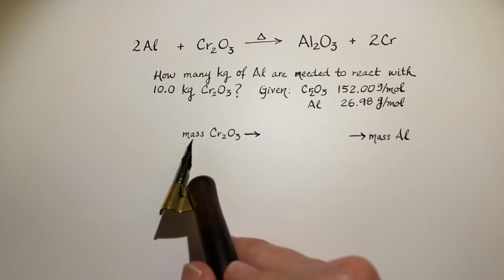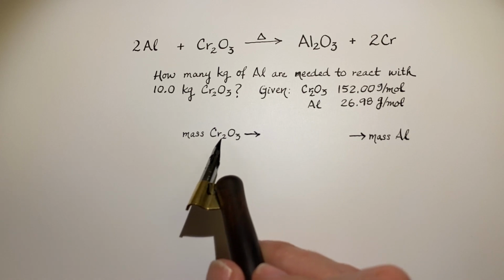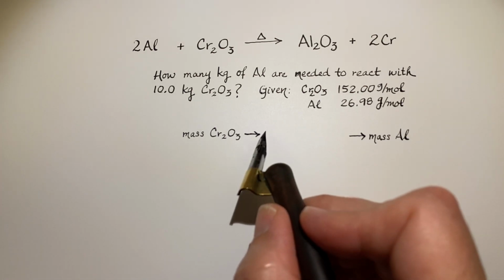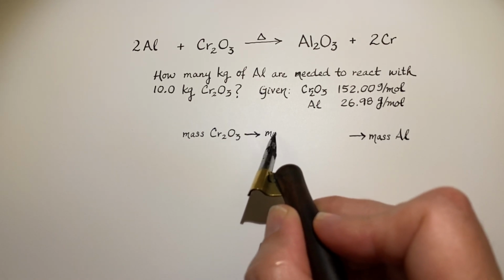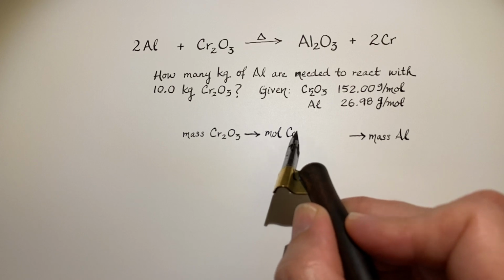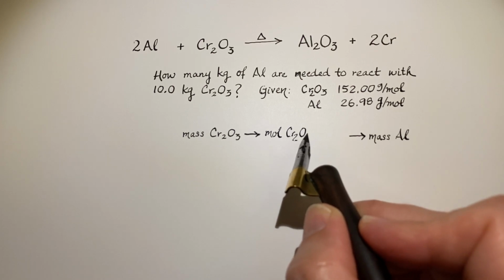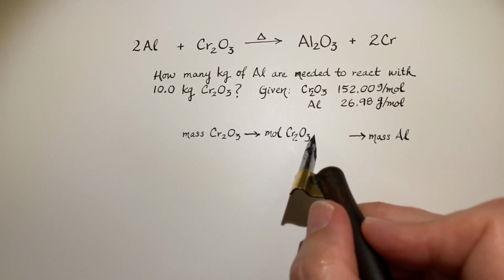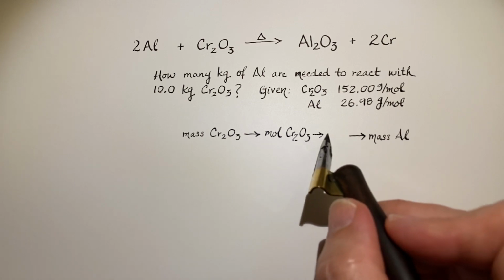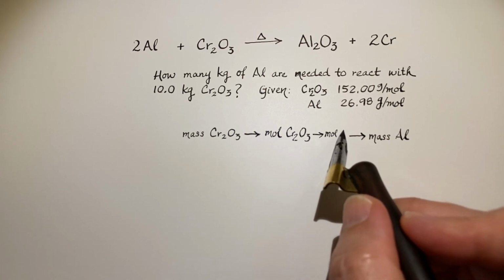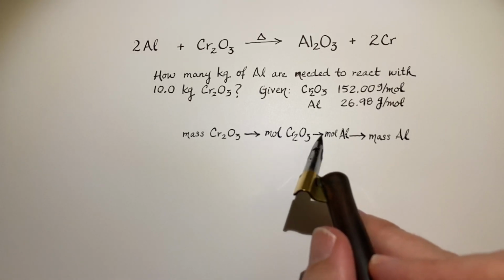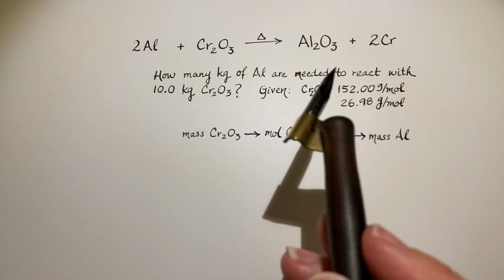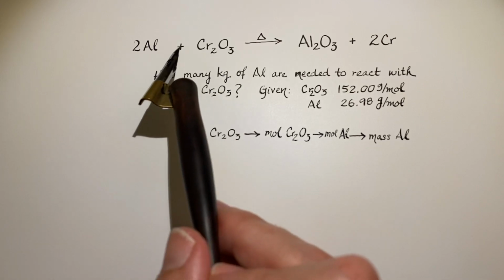So we've got to convert from mass of the chromium 3 oxide to moles, then that allows us to go to moles of aluminum with our mole ratio from the stoichiometric ratio.